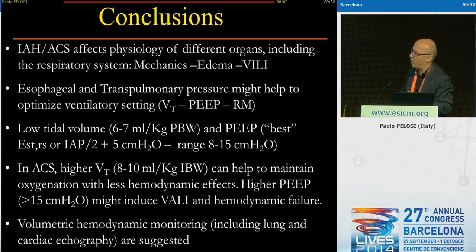Finally, volumetric hemodynamic monitoring, and I think that echography will have to play a major role in the near future in our critically ill patients. It is suggested especially when the esophageal pressure and transpulmonary pressure are affected by increased intra-abdominal pressure. Thank you very much.